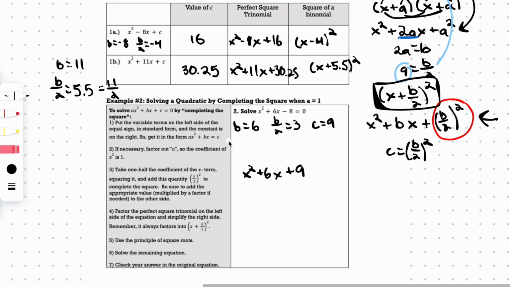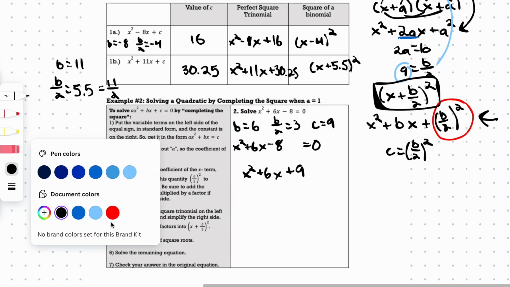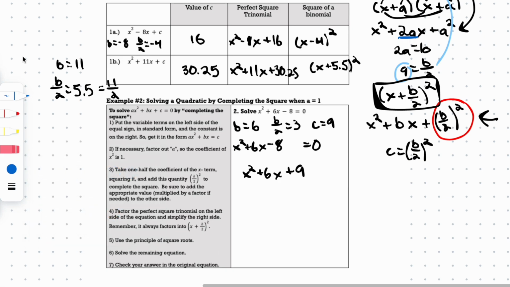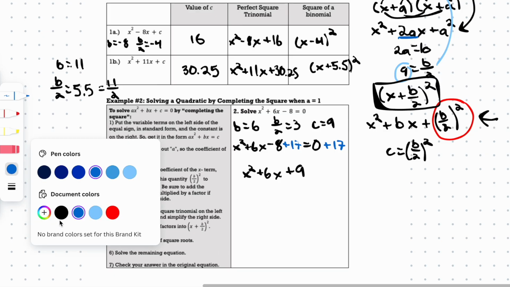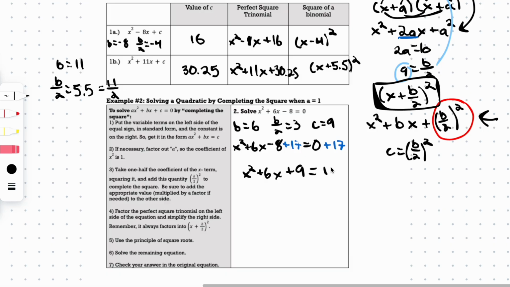But right now we're at x squared plus 6x minus 8 equals 0. We have to add what to get from negative 8 to positive 9? Well, we have to add 17. So we're going to do plus 17, plus 17, and this is going to make our right side equal to 17.